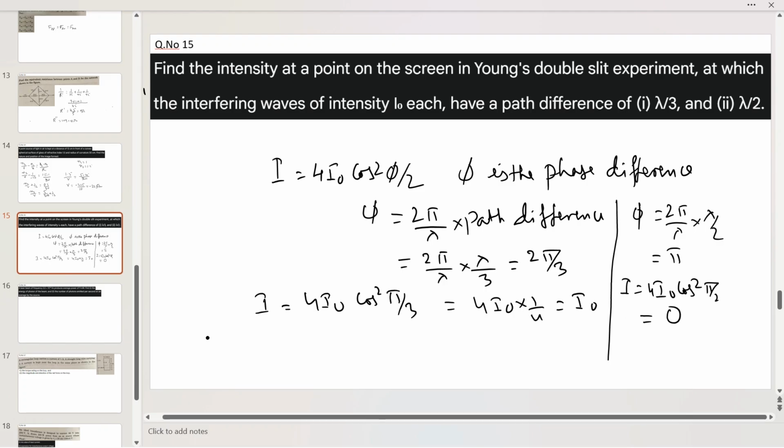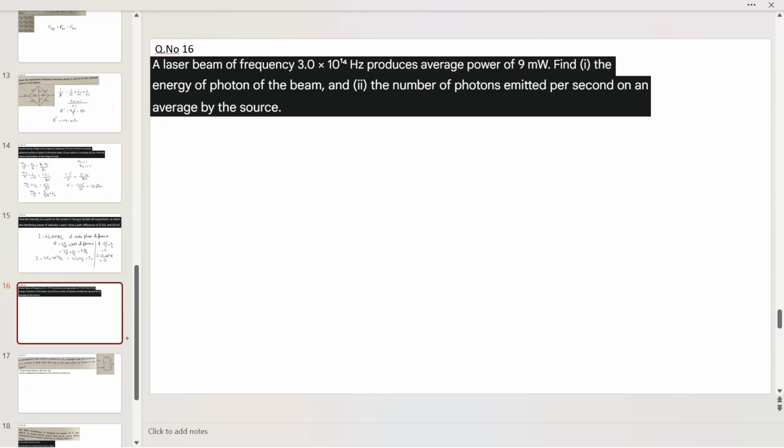So this is your answer. Now my next question is, a laser beam produces average this much power. Find the energy of the photon of the beam, and second, the number of photons.